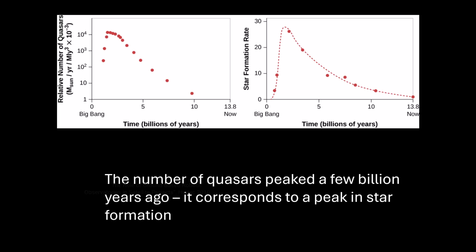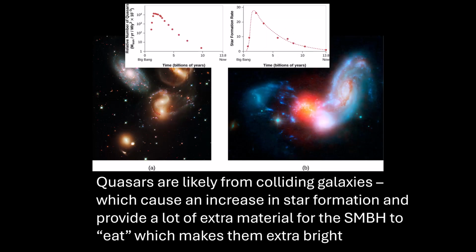And so as we see this amount of quasars, we find that there is a correlation between the number of quasars and the star formation history of the universe. So we can connect these two: either one is causing the other, or something is causing both of these things simultaneously. And so we think what is happening here is that quasars are likely colliding galaxies.